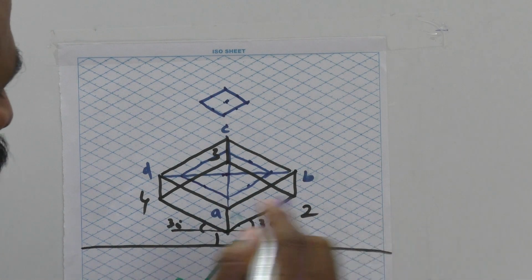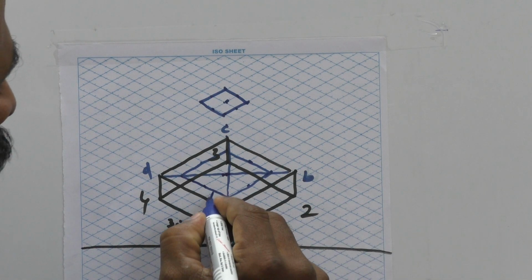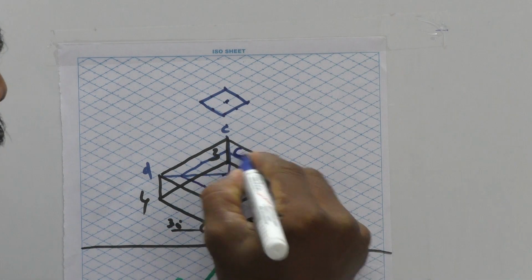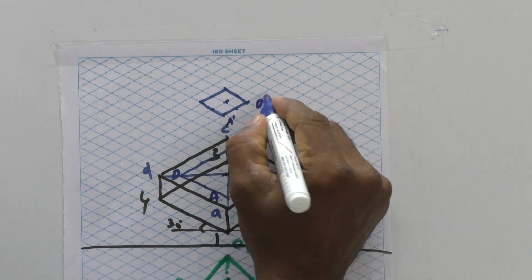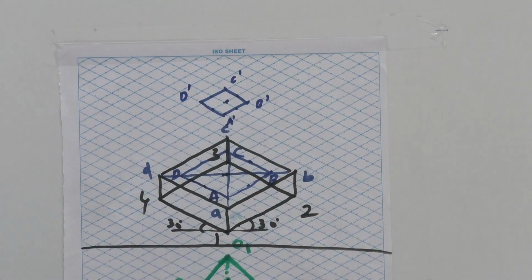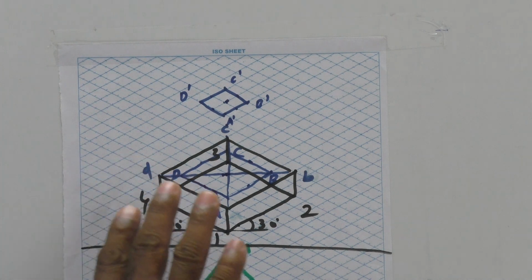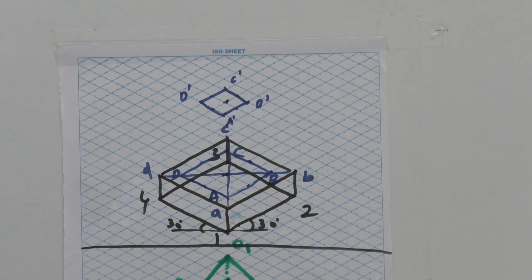Say for example, capital A, B, C, D to A dash, B dash, C dash, D dash. These are all imaginary. I think Saras told in the previous session, no need to mark any 1, 2, 3, 4 or A, B, C, D nomenclature except 30 degree, 30 degree. This is mandatory.